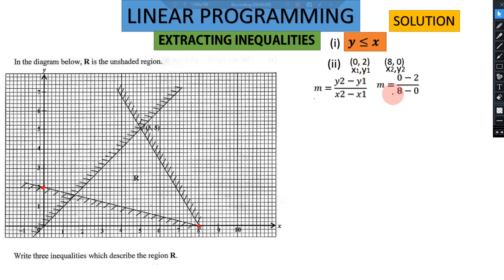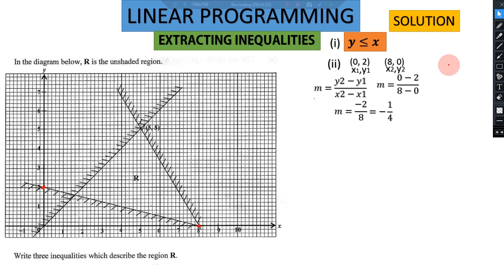If we substitute, it will look like that. Then 0 minus 2, that's a negative 2. 8 minus 0, that's 8. So we have negative 2 over 8. Later on we are going to simplify this one, so the final answer will be negative 1 over 4. That is the gradient.